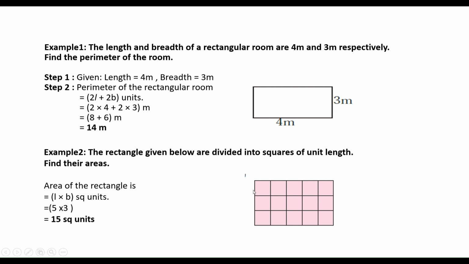As this is a rectangle, it has equal squares, so we have to count the squares: 1, 2, 3, 4, 5. So we have 5. The length is 5 and the breadth is 1, 2 and 3. So the breadth is 3. 5 into 3 is 15 square units.